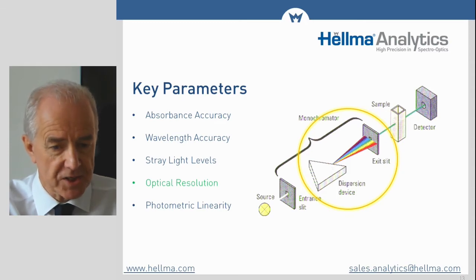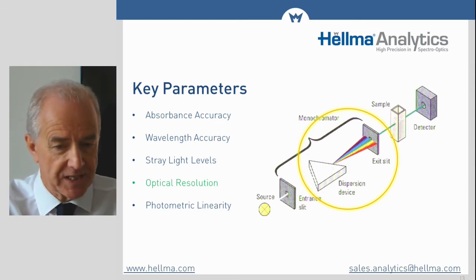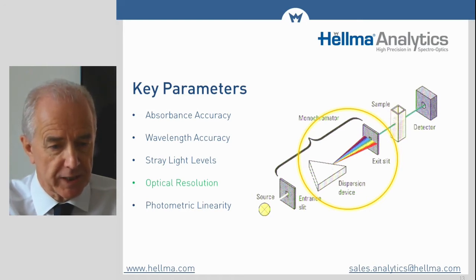Together, these set the spectral bandwidth, or SBW, of the instrument, which enables clearer separation of closely grouped peaks. Some spectrophotometers will have variable slit widths, which effectively change the spectral bandwidth of the spectrophotometer. Checking optical resolution on these instruments becomes more important to ensure the setting is correct and that no wear or movement has occurred in the associated mechanics.